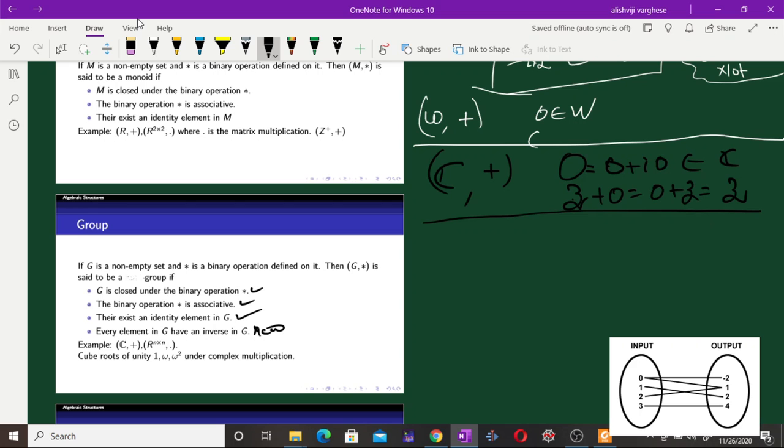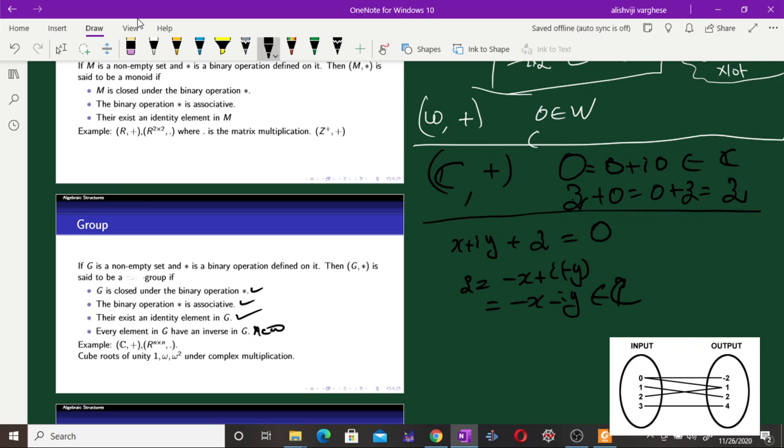But moreover, if we take a complex number x plus iy, then there exists a complex number z in C such that x plus iy plus z is equal to the identity element 0, and that z is minus x plus i into minus y, or in simple words minus x minus iy, and that's a complex number.